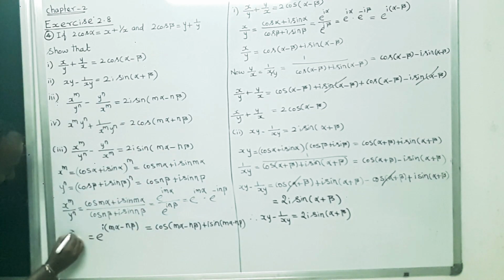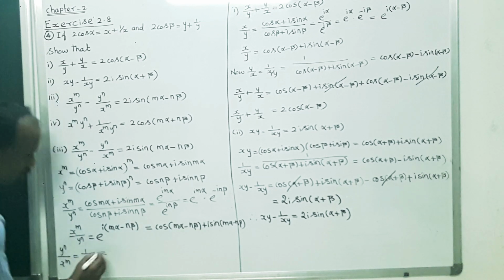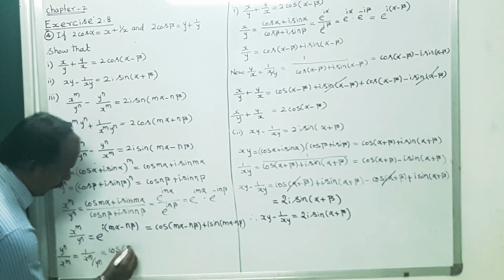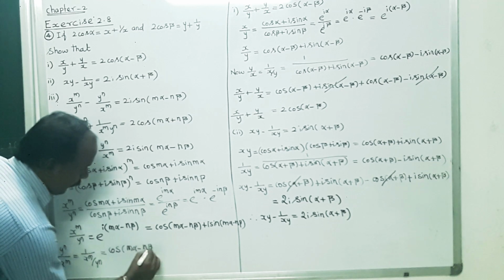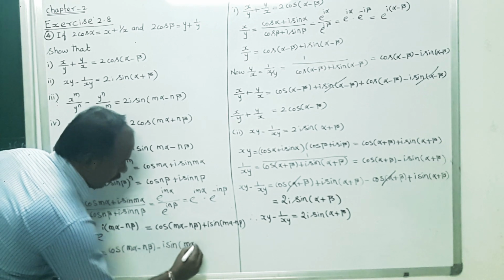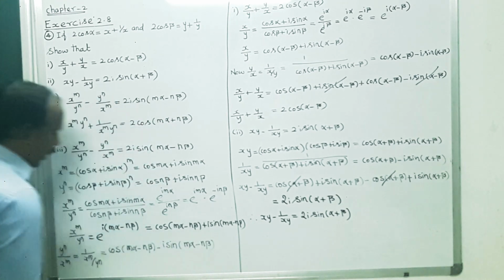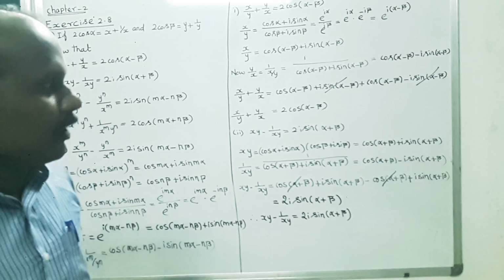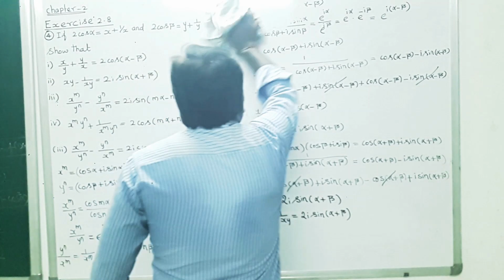That is the value of x power m by y power n. So next, y power n divided by x power m is equal to 1 divided by x power m by y power n, the reciprocal of this term, is equal to cos of m alpha minus n beta, next minus i sin of m alpha minus n beta. Adding these two results, we get the third subdivision answer.